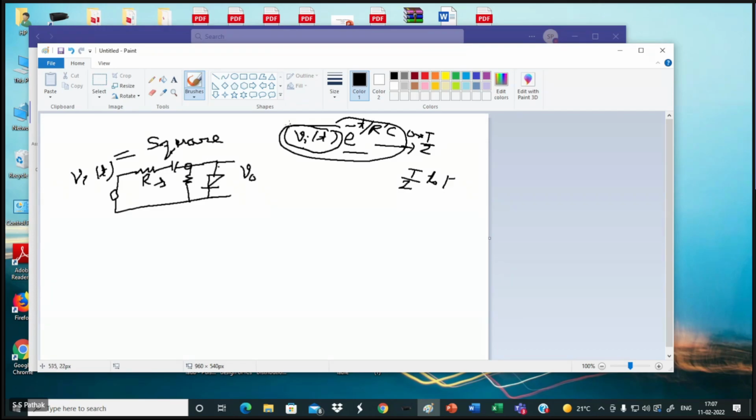So this will be sine, but charging will be taking place according to this duration, in which forward resistance and reverse resistance of the diode will come into the picture. Anyway, I'm talking of the square wave.